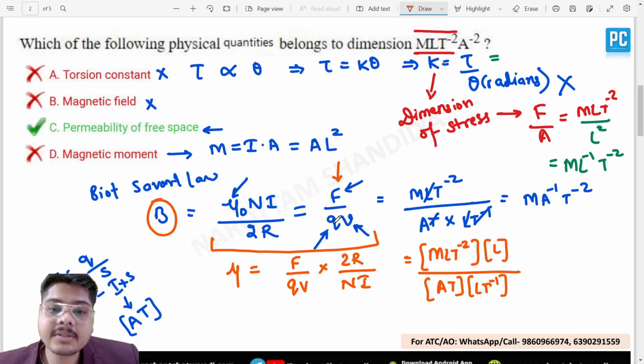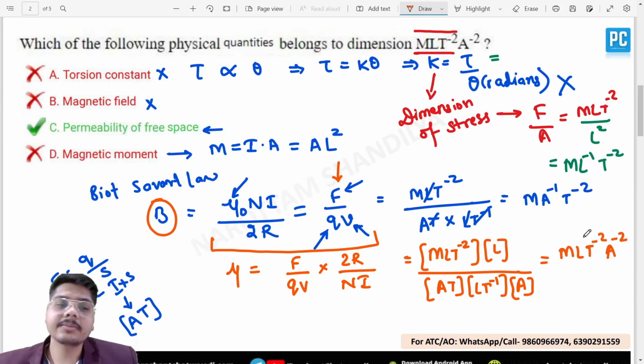This is magnetic force, this is charge, and this is velocity in the magnetic field. Further, n into I: n has no unit, I has unit of A. So when you calculate it, you get MLT minus 2 A minus 2. I hope you are getting this.